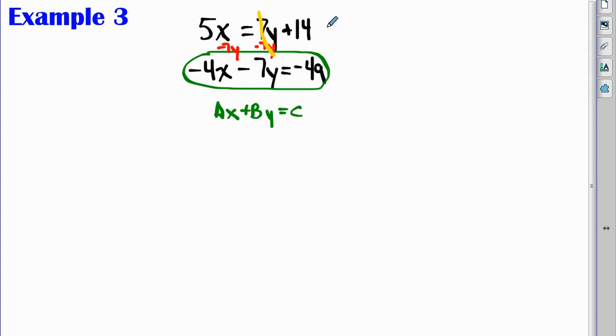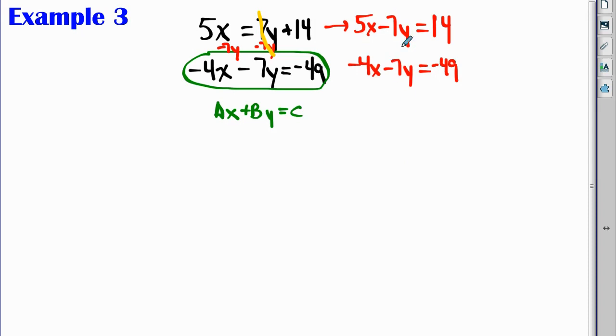Now let's write it over here. That'll be 5x minus 7y equals 14. And I'm just going to rewrite this one underneath here: negative 4x minus 7y equals negative 49.